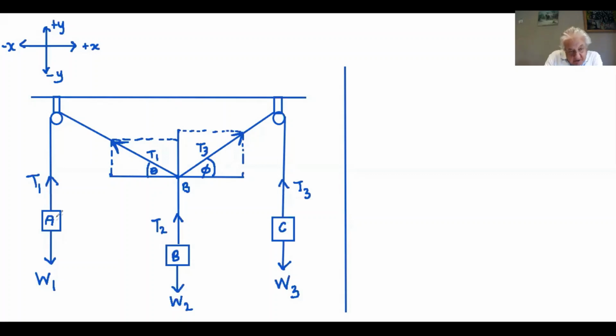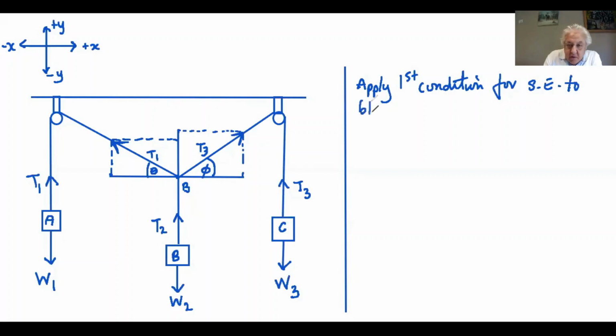For now, I'm going to apply condition 1 to block A, or if you like, you can put a point there, and I'm applying it to this point, to point A. So apply first condition for static equilibrium to block A. You can see there are no forces in the x direction, so this is equal to 0.